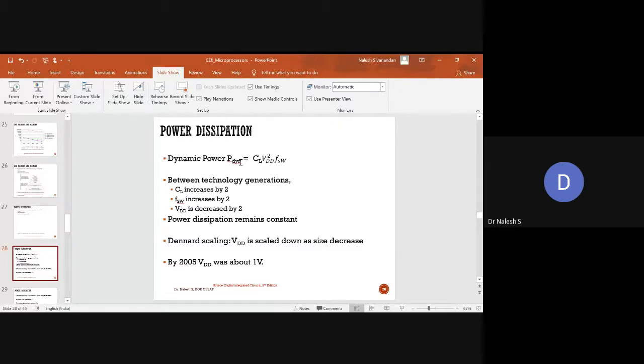Another thing is, as you move from one generation to another, the number of transistors is increasing, which means the capacitance is also increasing. So capacitance doubles, frequency doubles, which means power dissipation should become 4 times. But that never happens because as you move from one generation to another, you reduce VDD. The power supply voltage gets reduced.